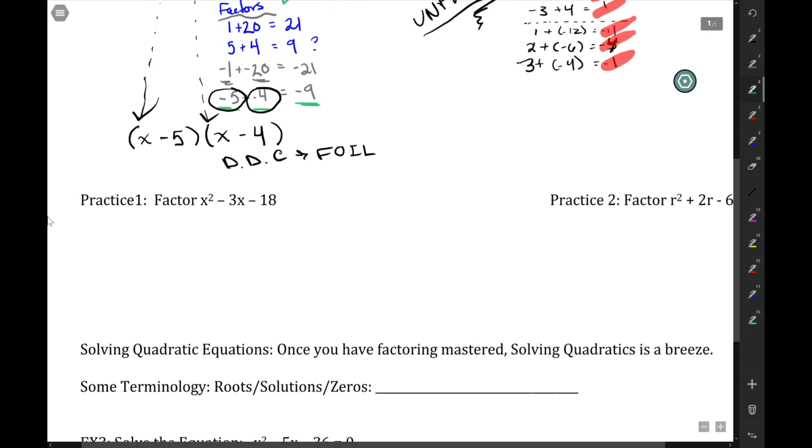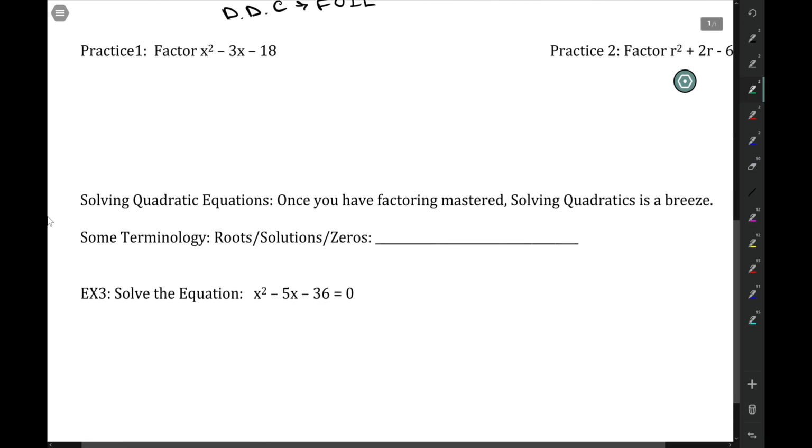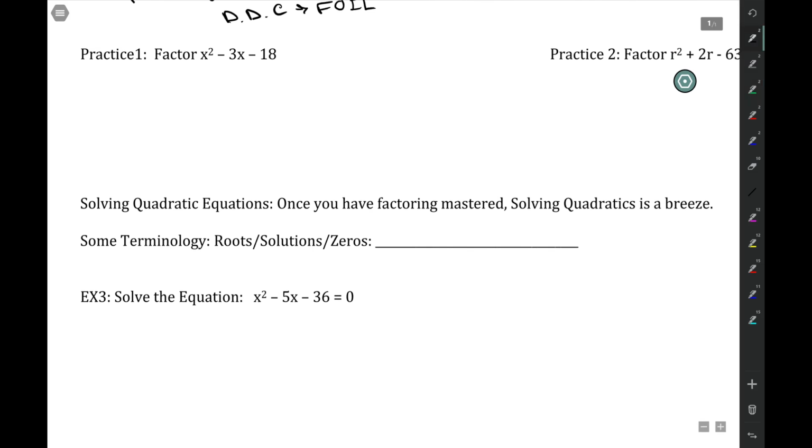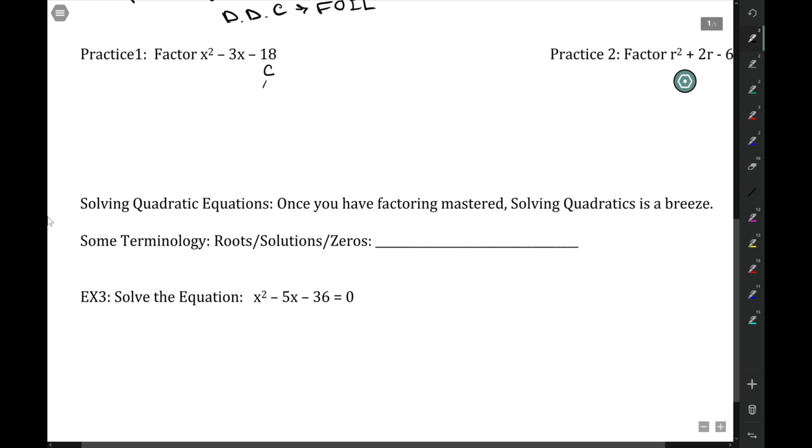Some other examples here, since we have a little bit of time. Factor x squared minus 3x minus 18. So factors of c. Now be careful, it's negative, so one's going to have to be positive, one's going to have to be negative.